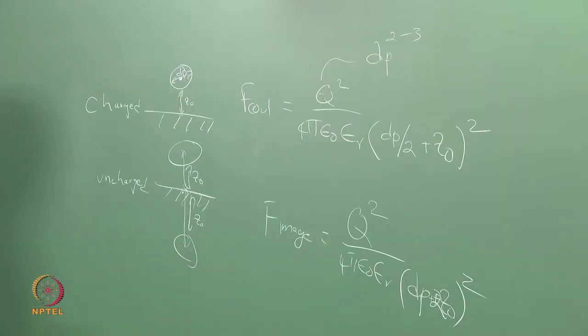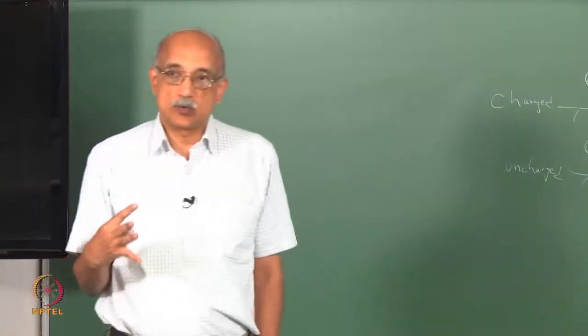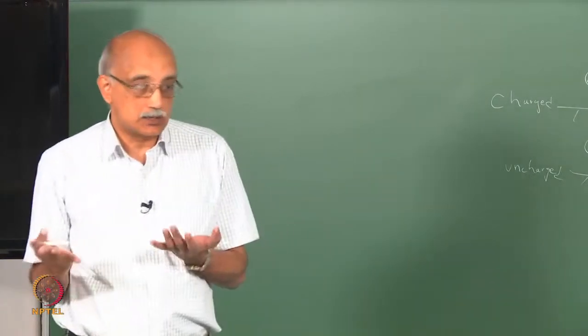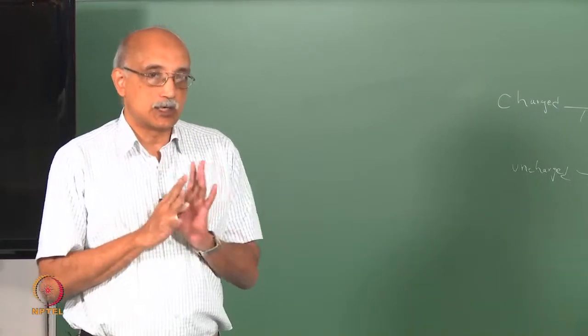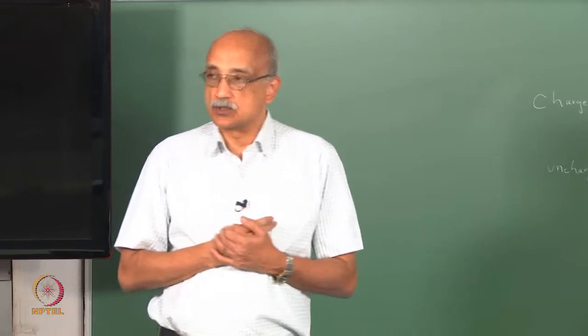So, image force is similar to a Coulombic force, except that it happens when one of the two objects is not charged, and the magnitude of the image force is about 1/4 of the magnitude of the Coulombic force. So, it is clearly weaker.